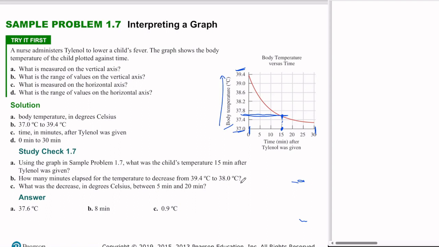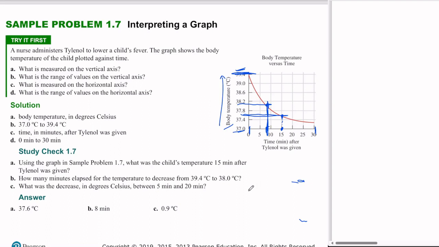How many minutes elapsed for the temperature to decrease from 39.4 to 38? Okay, 39.4 is here at time 0, and 38.0 is about right here. And so that would be around 8 minutes. Around 8 minutes, it touches this graph on the x-axis.